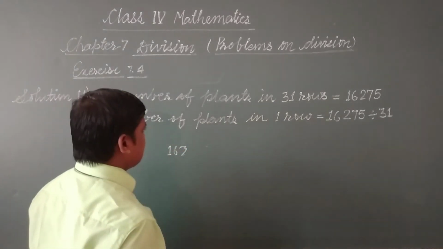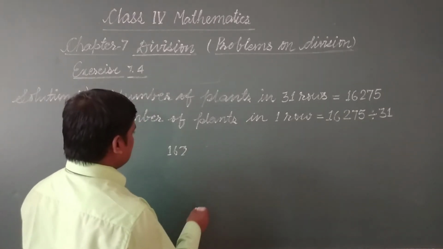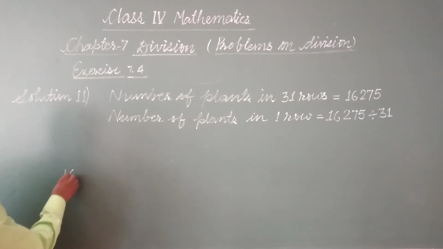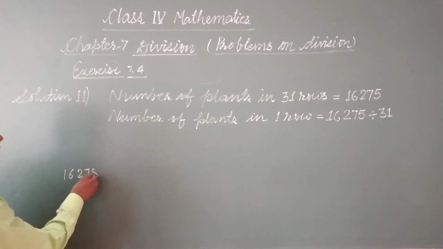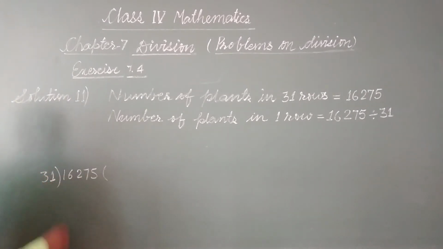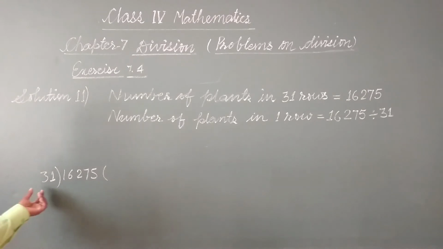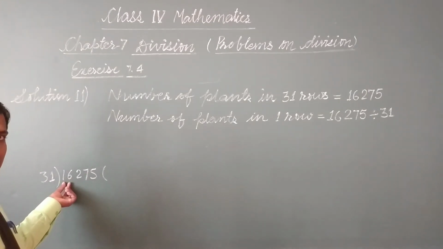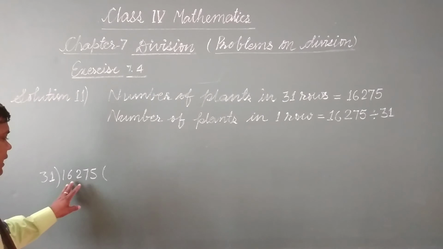16,275 divided by 31. As our divisor is of 2 digits, we take 2 digits from the dividend, but we are observing here that the 2 digits, 16, is less than 31, so we will take 3 digits.